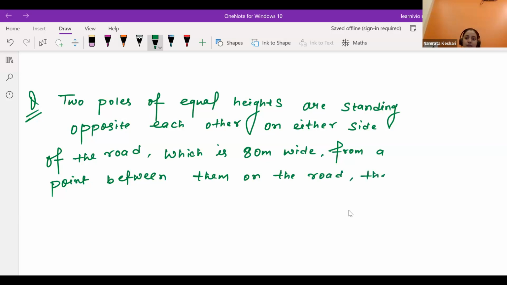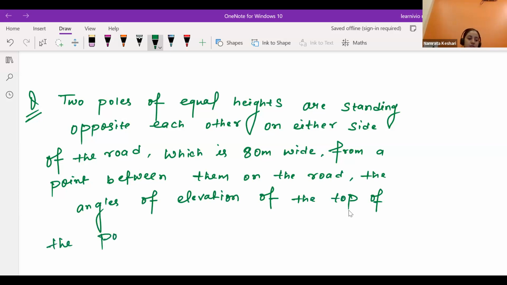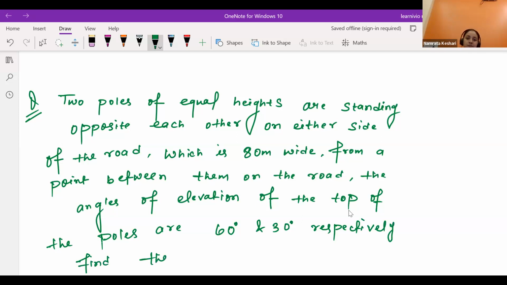The angle of elevation of the top of the poles are 60° and 30° respectively. Find the height of the poles.